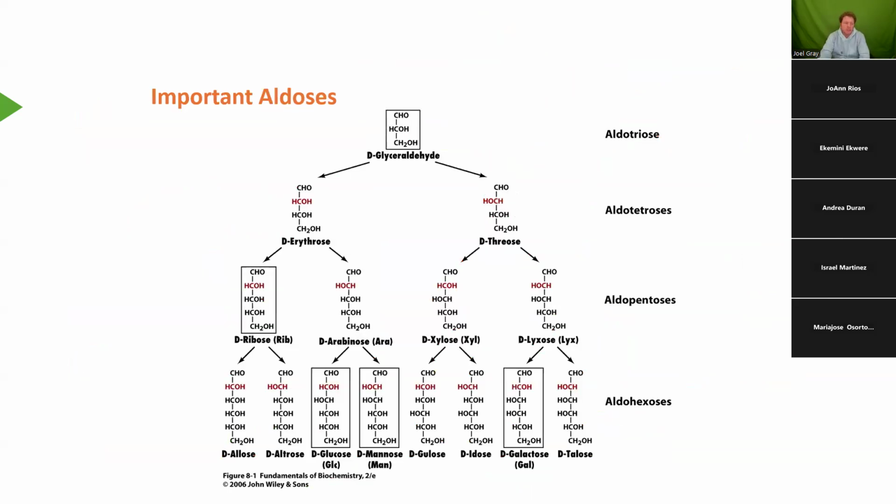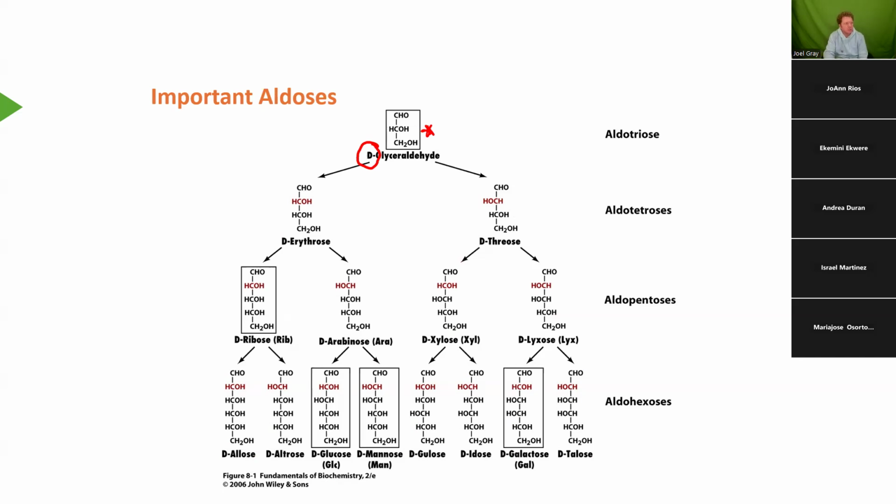Now, this is a depiction of all of the different aldoses. So basically it's showing you can make an aldotriose that's 3 carbons. And there's one thing that I want to draw your attention to. That letter D, the capital D that's in front of all of these molecules.